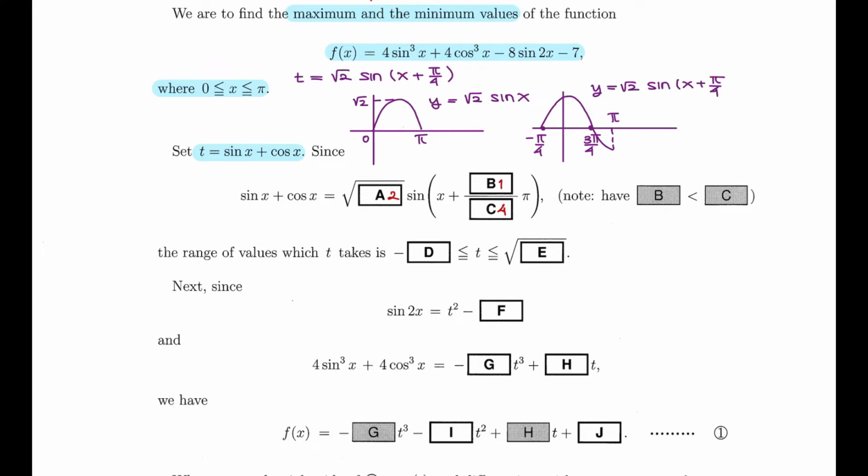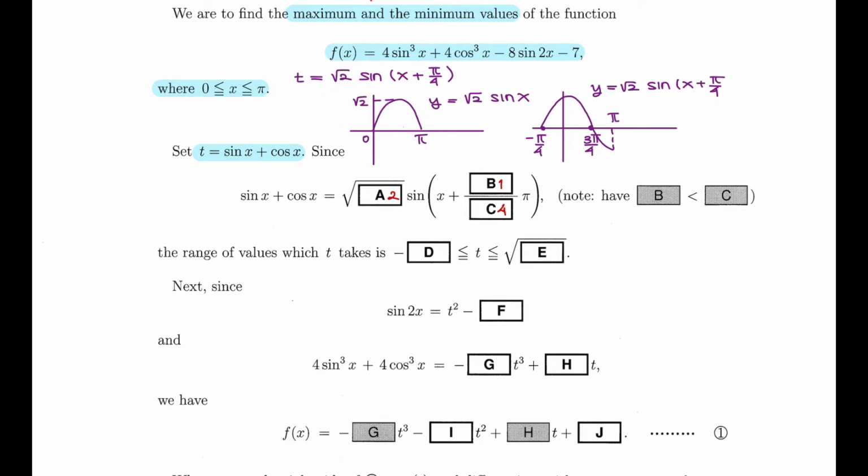From this graph, you can see that the maximum value is still square root of 2, because we just move the graph horizontally. So the maximum value does not change.